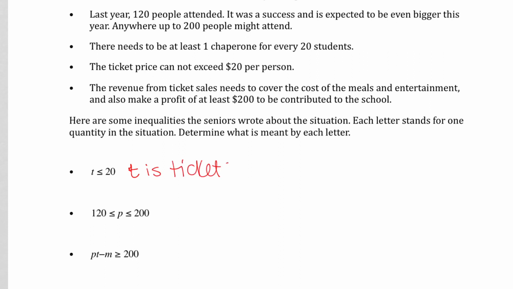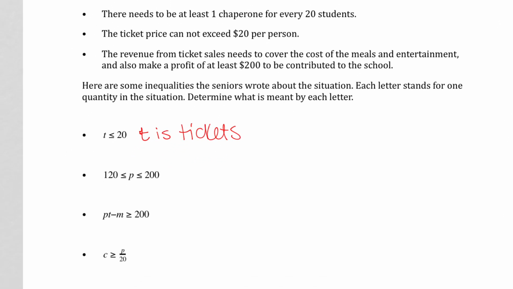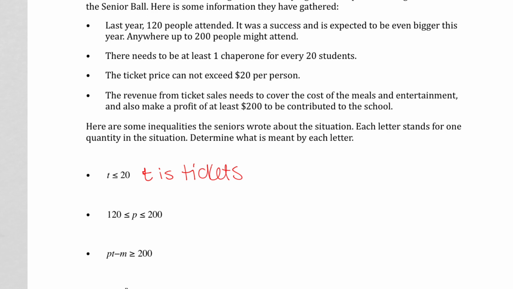Okay. We have 120 is less than or equal to P, which is less than or equal to 200. I think this is people because it has 120 and 200, which are both in the first. Right, so P is going to be people. Okay, we have PT minus M is greater than or equal to 200. We already know what P is. We already know what T is.